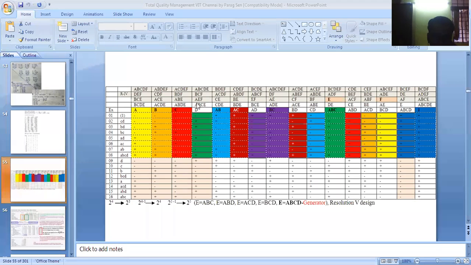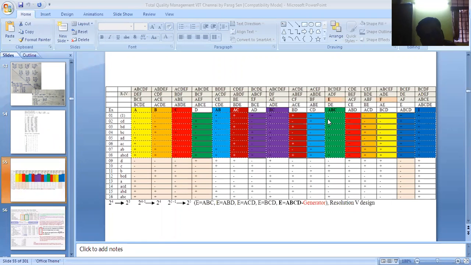So you are introducing the factor D here. You notice the earlier level design was 2 to the power 3, the full factorial design. So you will have A column, B column, C column, AB column, AC column, BC column, and ABC column. And you notice that D is matching with ABC.